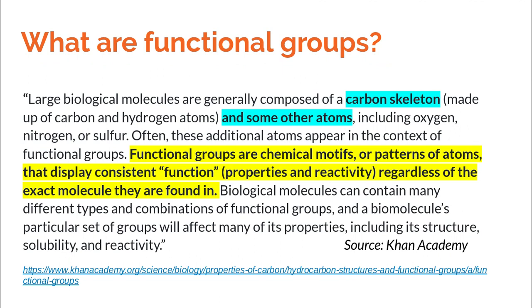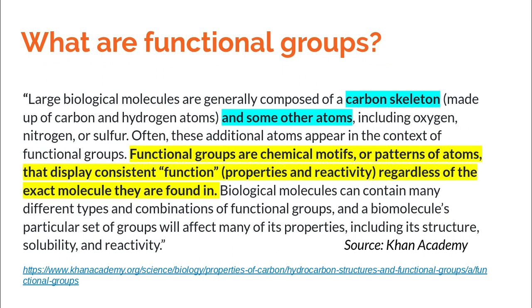So often these extra atoms appear in the context of functional groups. So functional groups are the extra atoms that come together in a specific pattern. So that's why we call it a chemical motif, or a pattern of atoms that gives a certain function to the molecule.